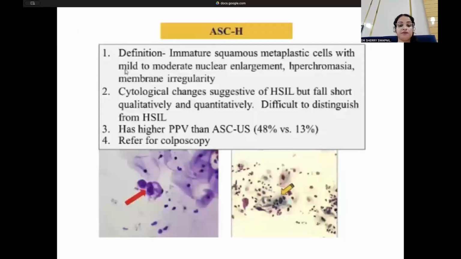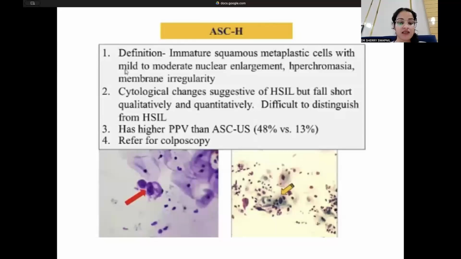Next slide, please. So ASC-H, this is basically again an atypia. The cells are highly atypical. They show moderate to high nuclear enlargement, hyperchromasia, and membrane irregularity. All the features are suggestive of HSIL, but because they are less in quality and quantity, we are not able to diagnose it as HSIL.